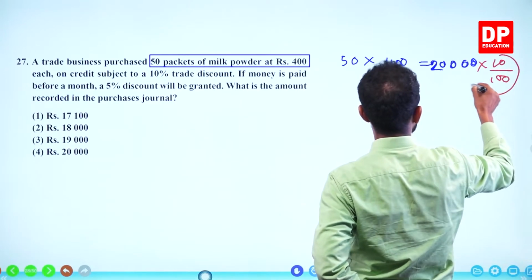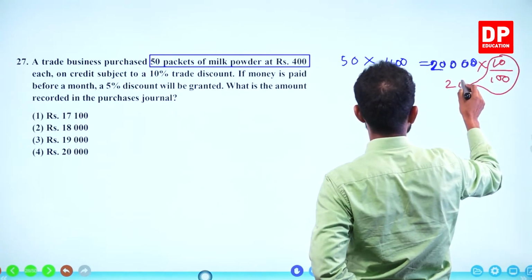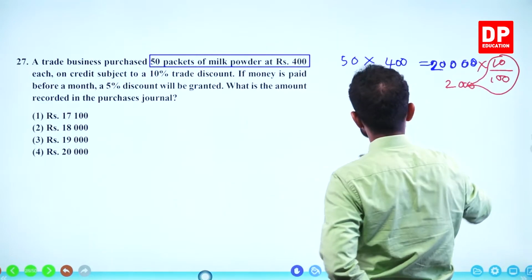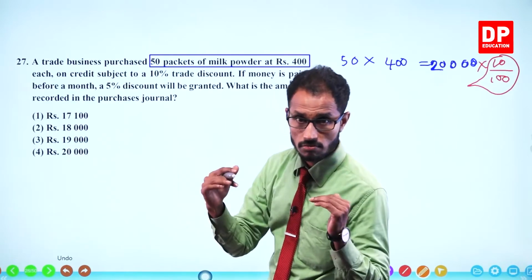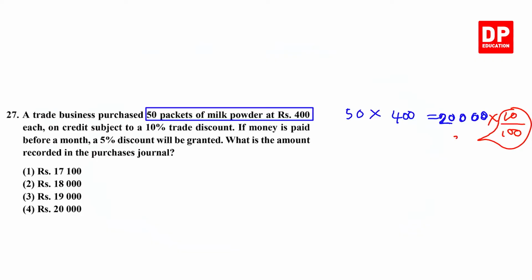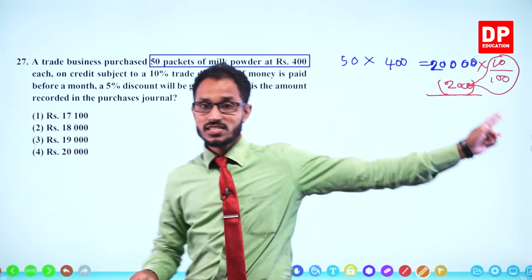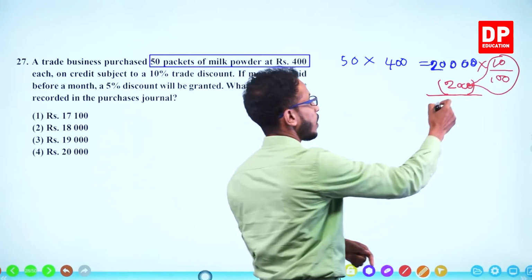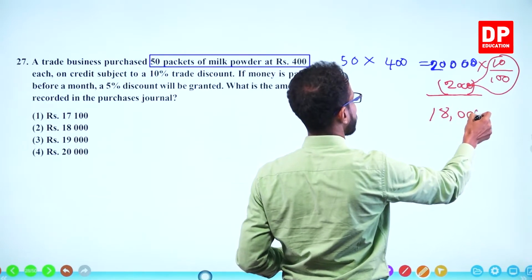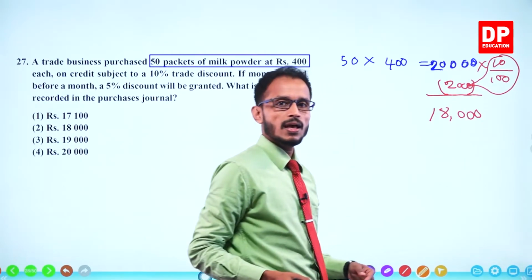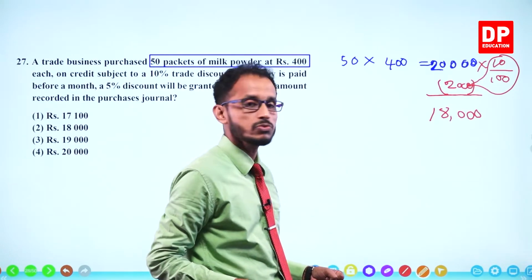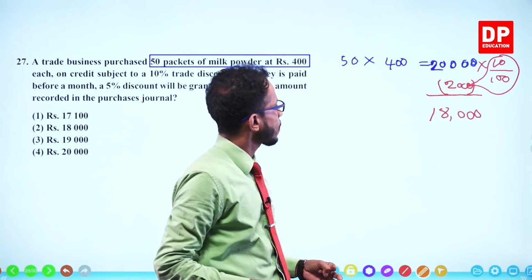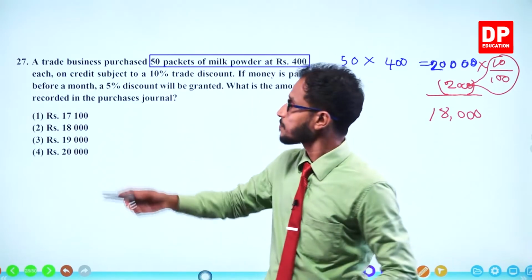The answer for 10% is 2,000. This 2,000 must be subtracted because it's a discount, the price goes down. When the 2,000 is subtracted, the discounted price is 18,000, from 20,000 minus 2,000. Then what are they asking?